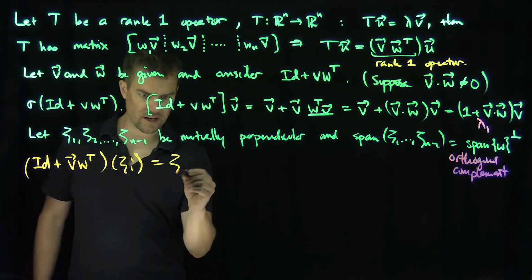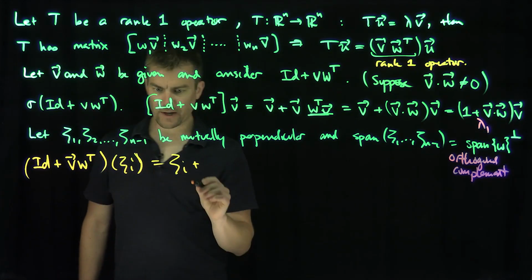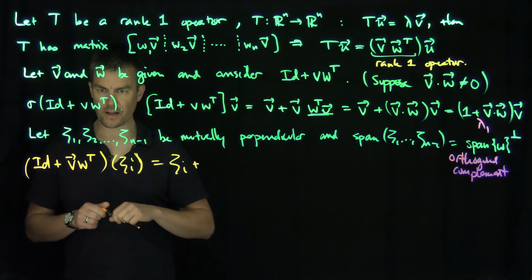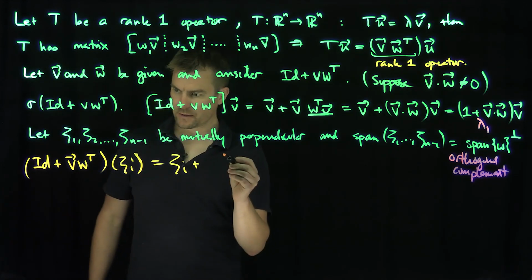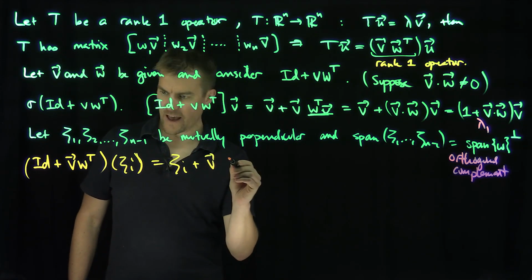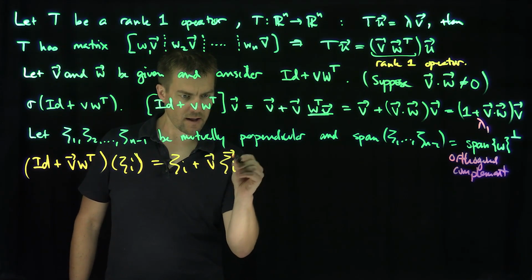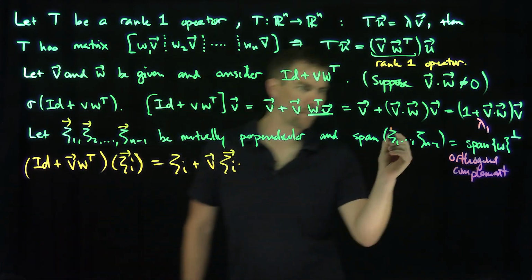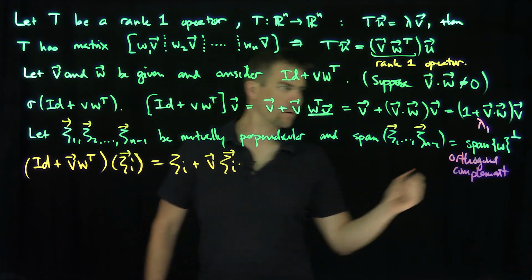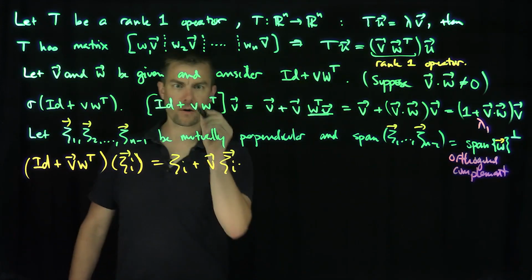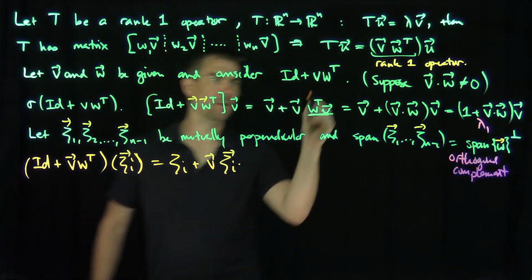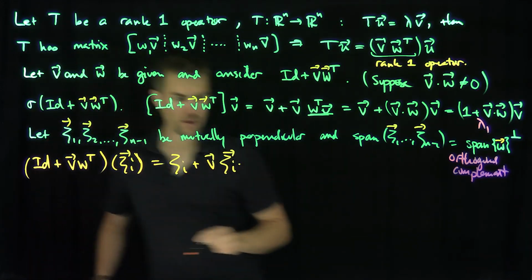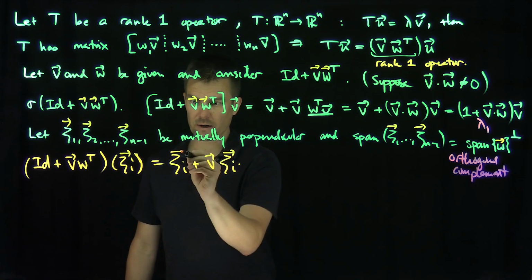We're going to get just zeta i from the identity, and then we're going to have v times w transpose zeta i. All these are vectors, of course. Make sure we have our vectors everywhere, taking care of all of our bookkeeping over here.